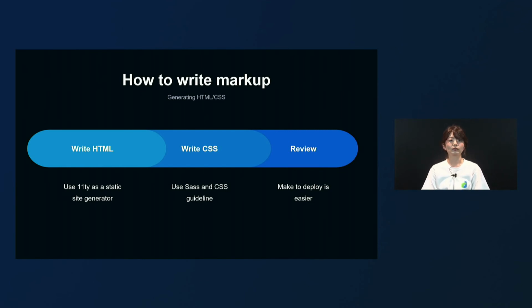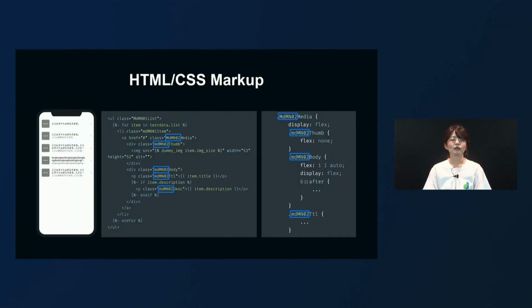We will look at the markup in more detail. This shows that the markup was done according to our internal CSS guidelines. We have followed the original naming convention based on BEM rules to specify class names.